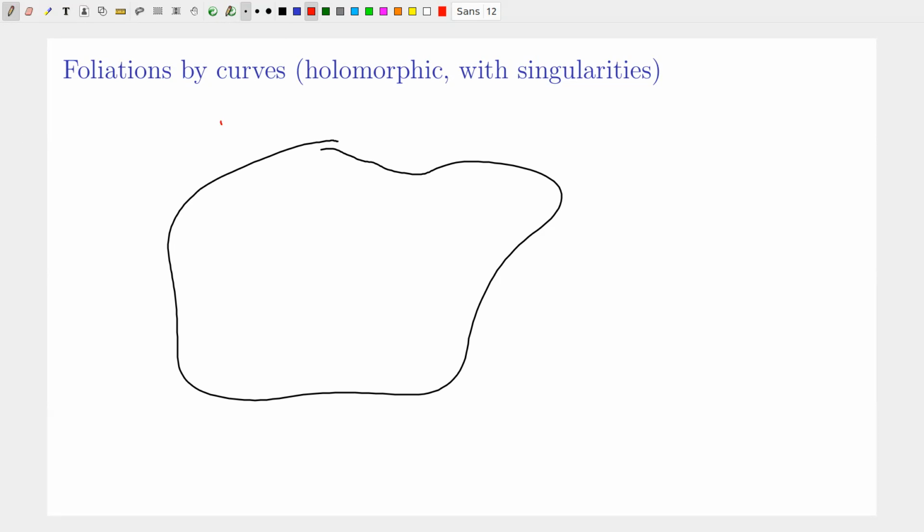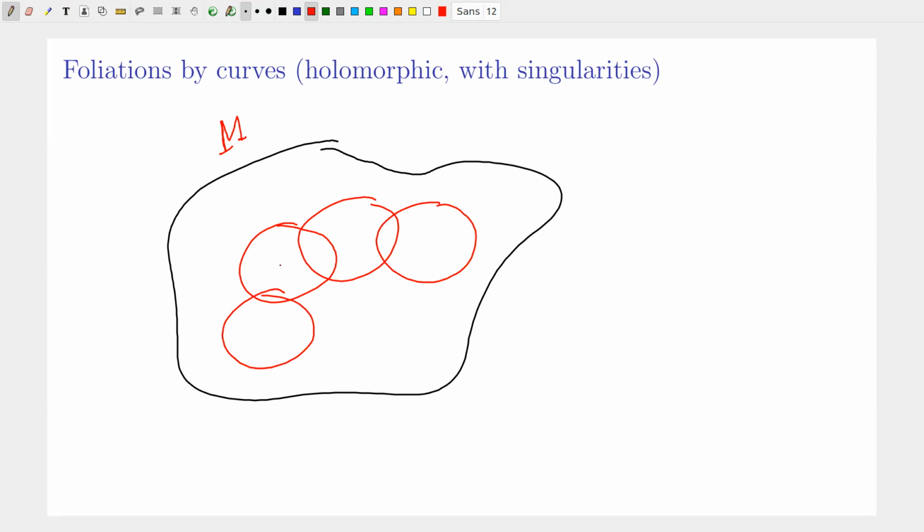So we have some manifold M, and I want to have some cover of M, and in each open set of the cover, I want to have a holomorphic vector field. So I have U_i, and I have a vector field Z_i, which might have singularities.